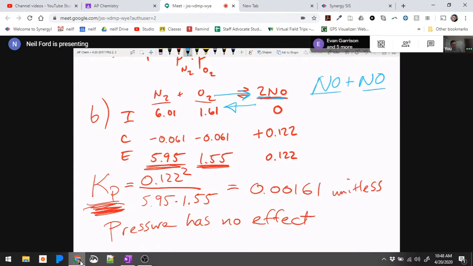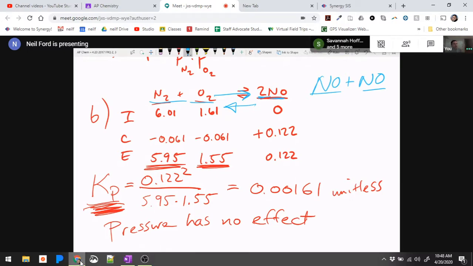So if it's 2 particles that have to collide versus 2 particles that have to collide, does that make sense that increasing the pressure won't affect it? It's still the same number of particles that have to collide on both sides. So it doesn't favor either.